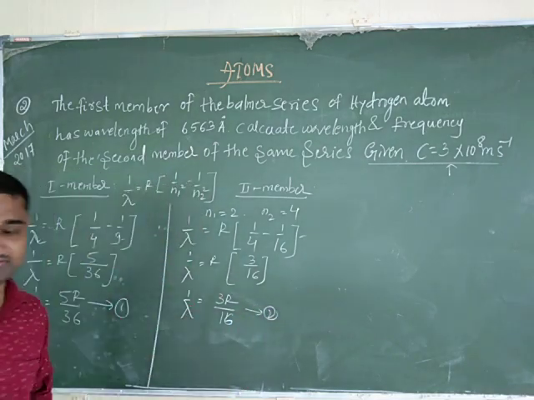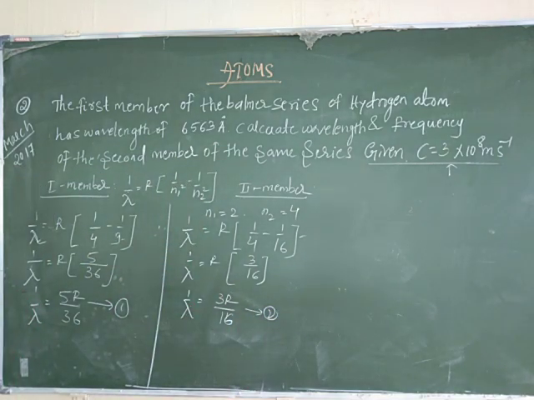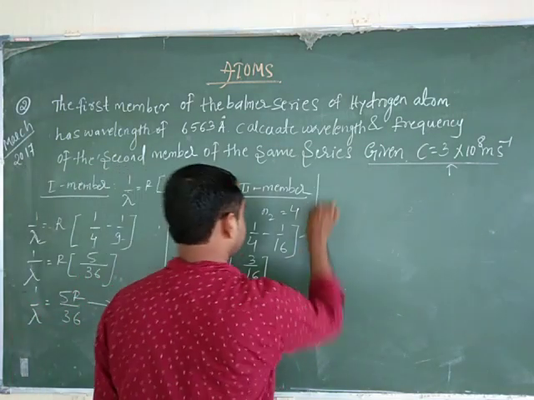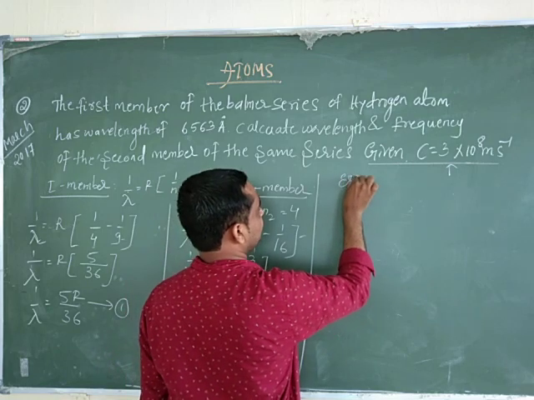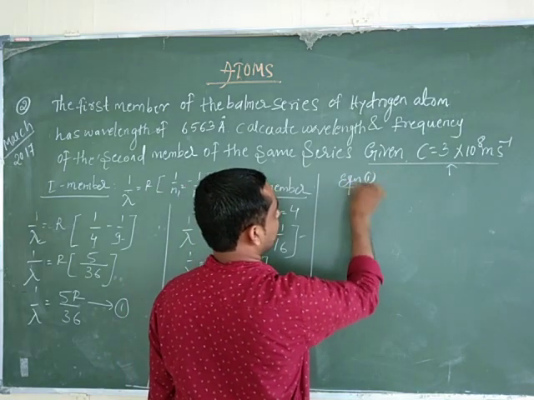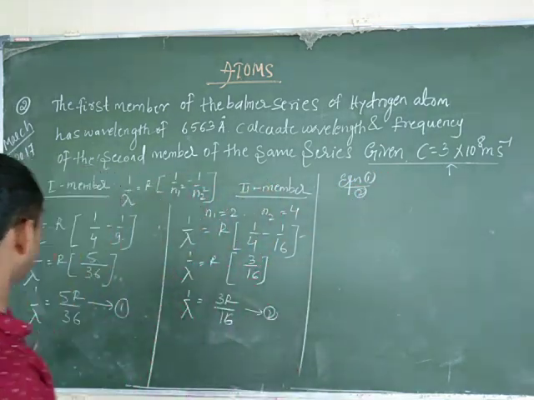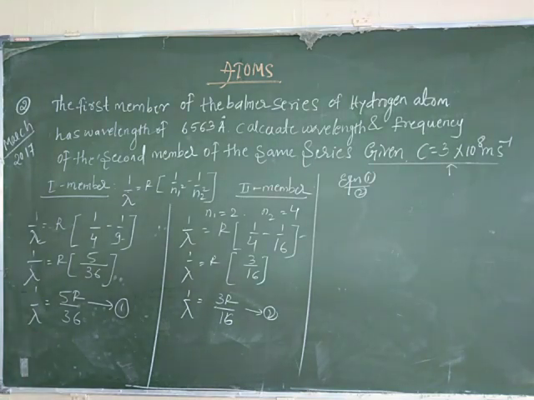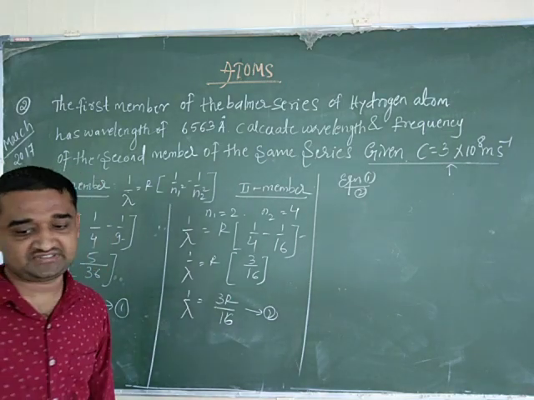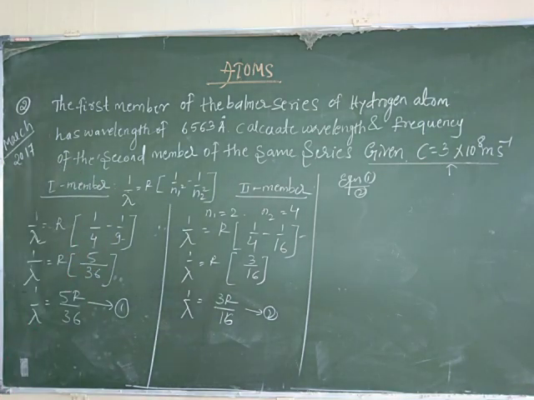Call this as equation 2. Now divide equation 1 by equation 2. So 1 by lambda is equal to 5R by 36 and 1 by lambda is equal to 3R divided by 16.